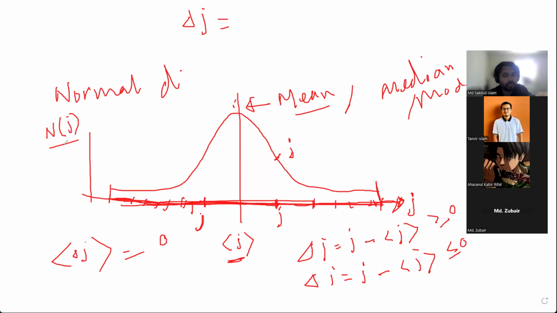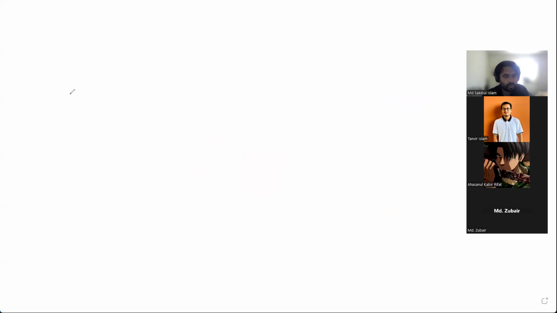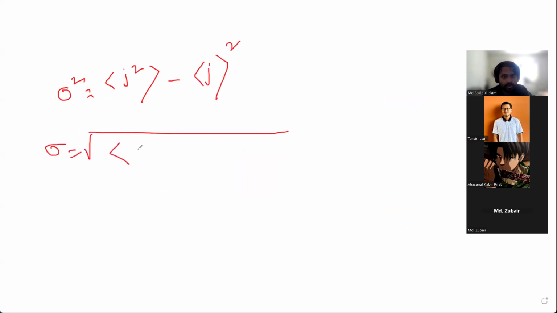Okay, let's clear all my drawings. What are we trying to do? Let's write the formula at first. This is the formula. And from here, we just wrote this: the average of the square of a variable, and the square of the average.